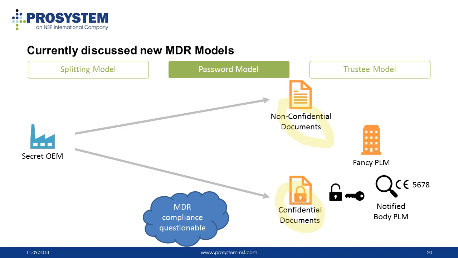So again, here, when it comes to risk management, you need to have all information under your control, and in this case, this is not true. So that's why it is also questionable whether this will be accepted in the future.